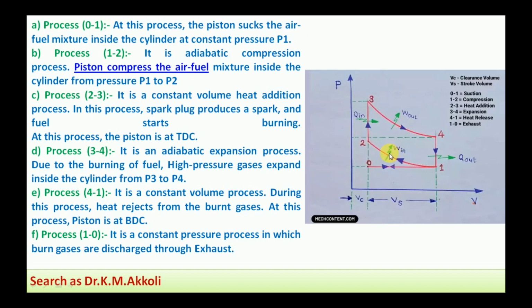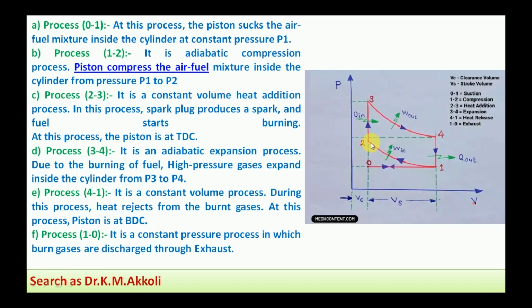In this, the air fuel mixture compresses to a higher pressure. Volume decreases and the pressure increases from 1 to 2. The process 1 to 2 is an adiabatic compression process. The piston compresses the air fuel mixture inside the cylinder from the pressure P1 to P2.